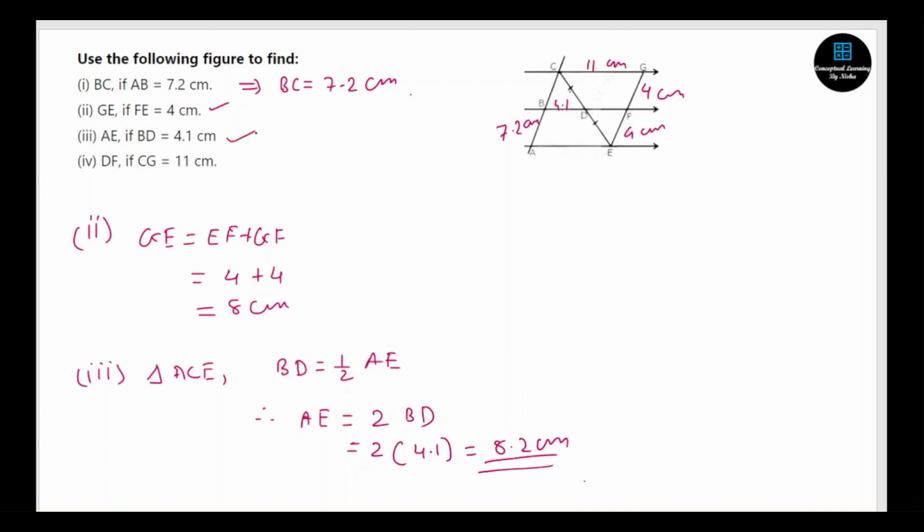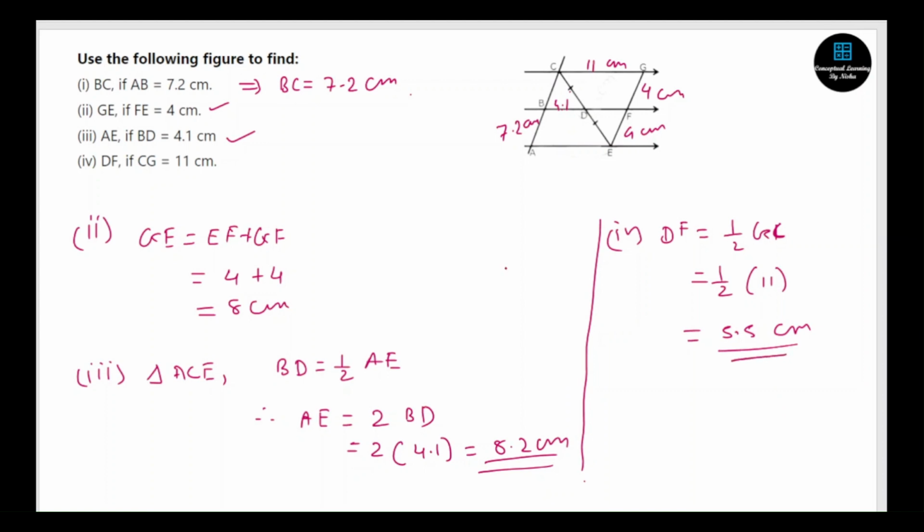So we are done with this. Now DF we have to find. Yes, you got it. Very smart. So DF is half of CG, correct? So half of 11. How much is it? Yes, 5.5 centimeter. So we are done with all the values. Great. All right.